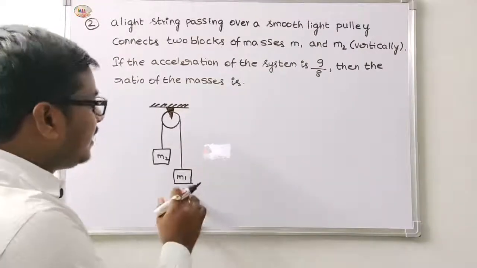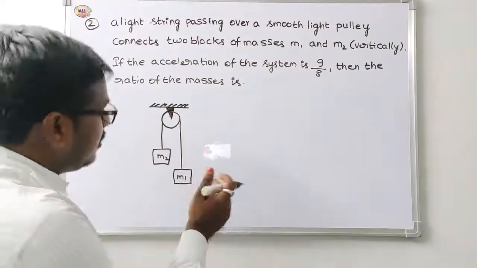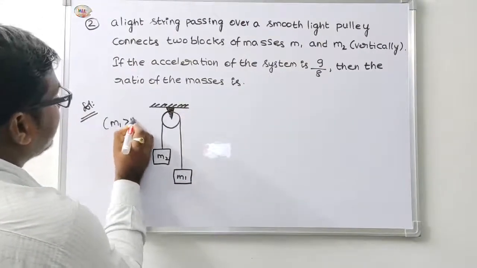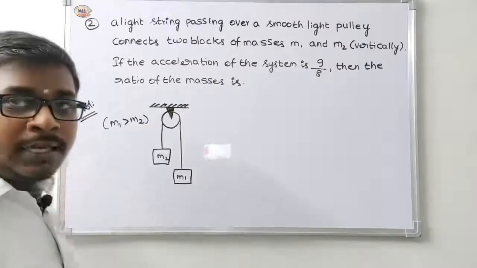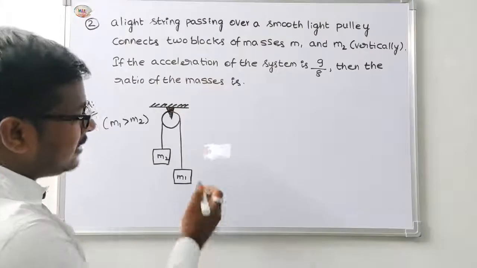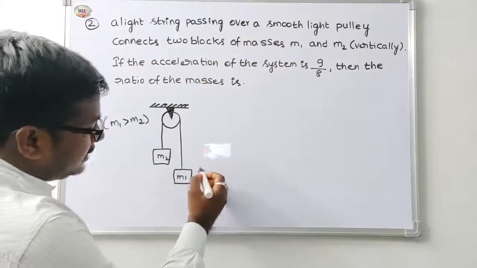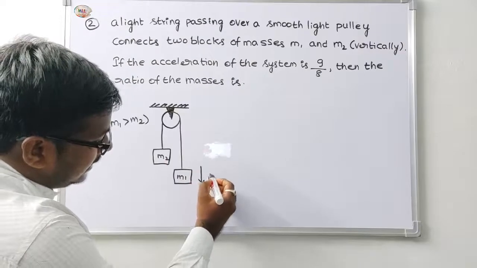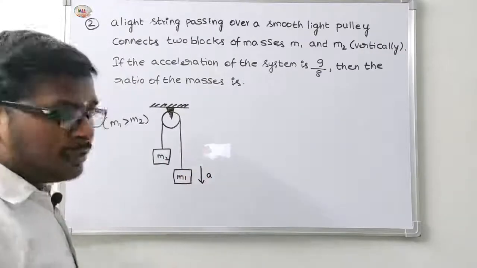Respectively, m1 is heavier than m2, m1 greater than m2. m1 goes down, the acceleration acting in the downward direction.